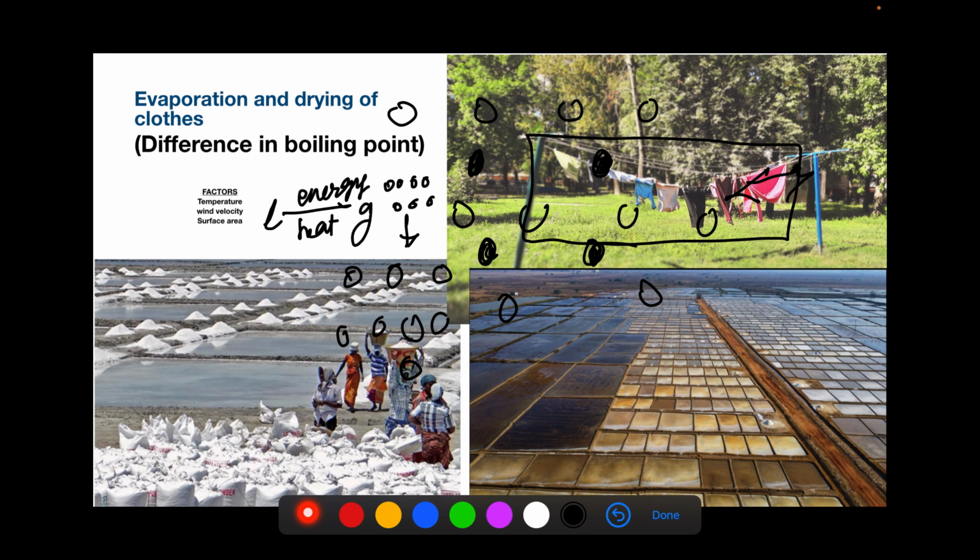So the air can carry more water vapor molecules from this cloth, and the cloth will dry faster. But if the humidity is more, or if it is not a windy day, that means the number of water vapor molecules in this air is more, the carrying capacity of air is less, so it will not be able to dry the clothes which have been left out to hang much faster.